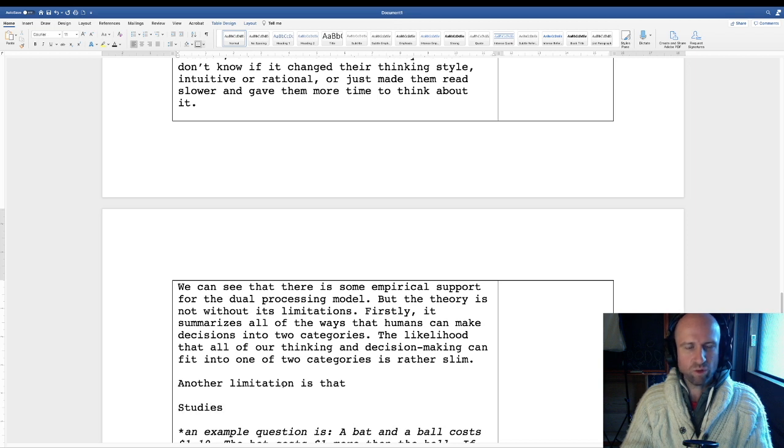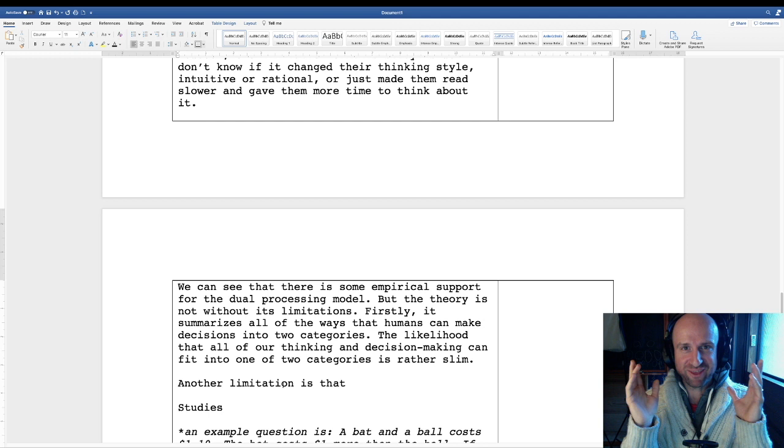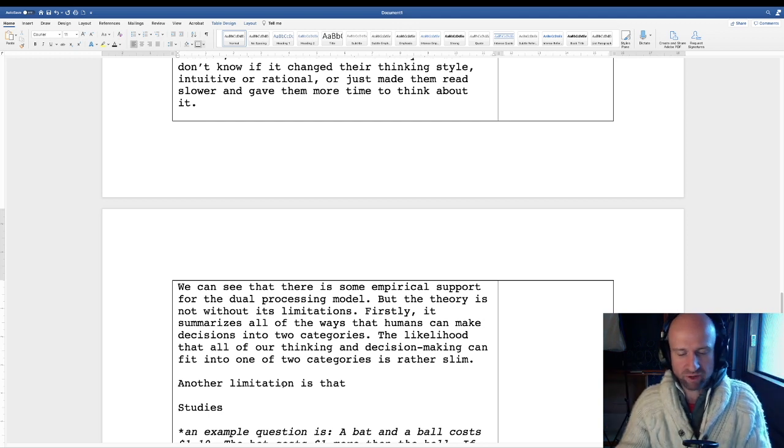Now, I want to evaluate the model first before I get into evaluating the studies. So I'm just going to put a note here to come back to the studies. What was the second point I said? That the theory is not without its limitations. Can make decisions into two categories. Sorry, talking and thinking and writing is overriding my working memory capacity.